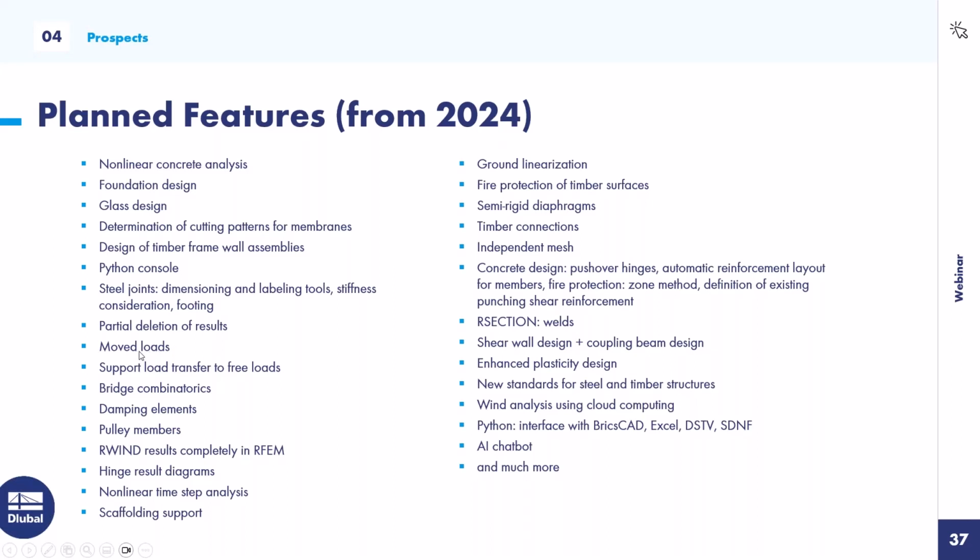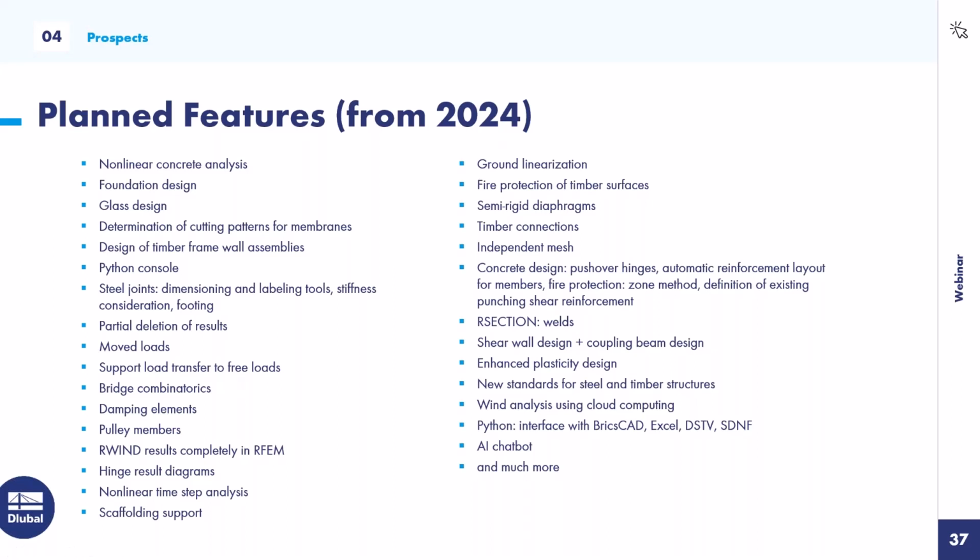Then moved loads, that was an add-on in RFEM 5, and we plan to implement it directly in RFEM 6. That's then available in RFEM 6, and you don't need to buy an add-on for that. Then support load transfer to free loads.